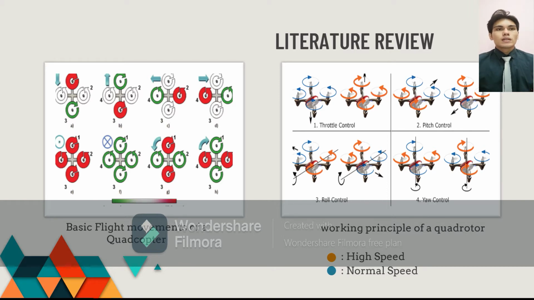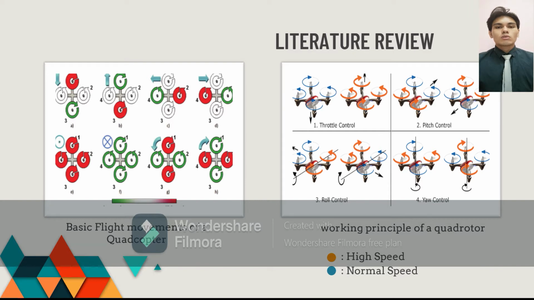On the left side, you can see the bar indicating green, white and red. The red color shows the high speed movement of the motor and the green shows the low speed movement of the motor. For example, in figure E, it shows the drone in hover mode.